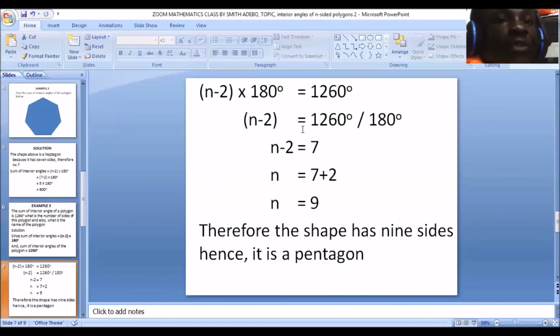Now, n minus 2 is equal to 1260 divided by 180, by dividing both sides. Now, n minus 2 gave us 7. N was 7 plus 2, which is 9.